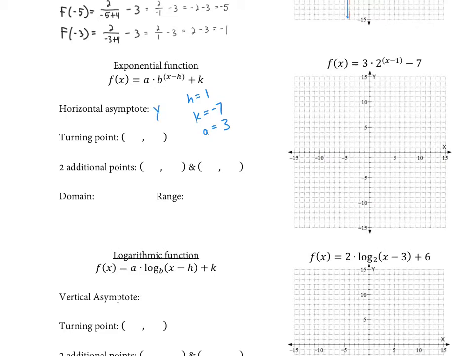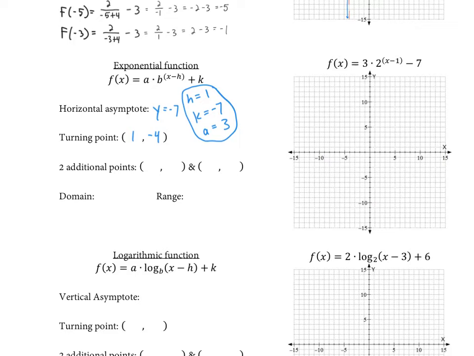So for this one, it'll be y equals k. So y equals -7. Okay, turning point is h comma a plus k. So 1 comma a plus k, which is 3 plus -7, which is -4.